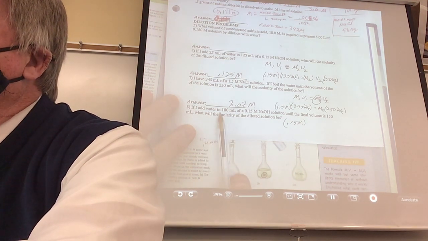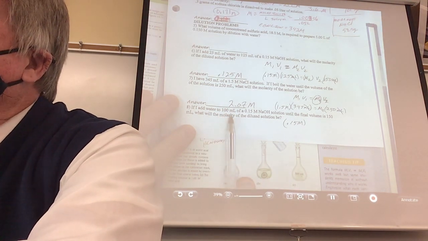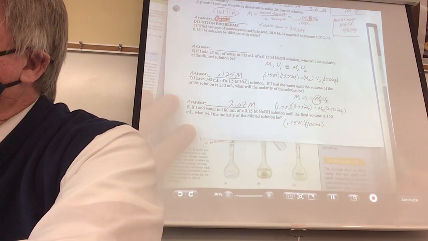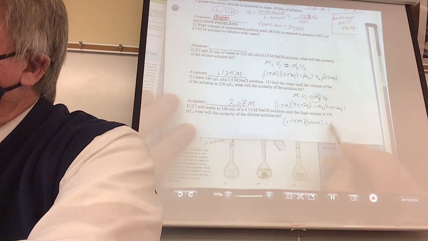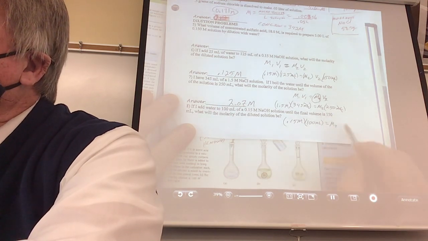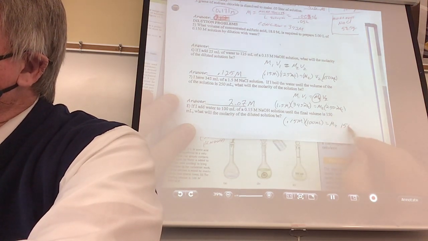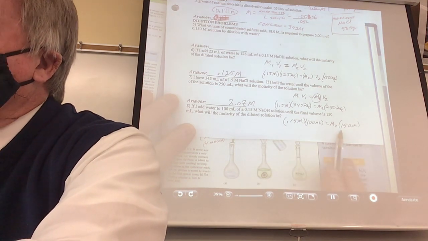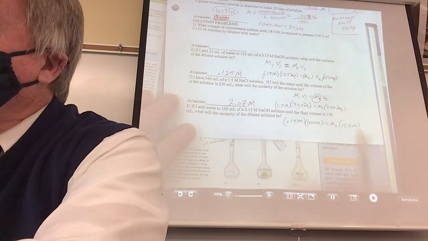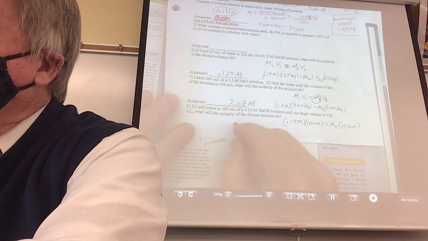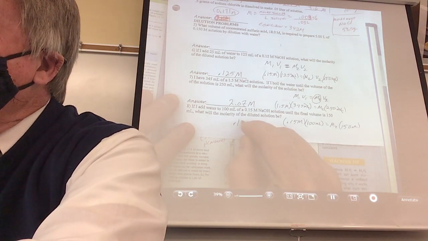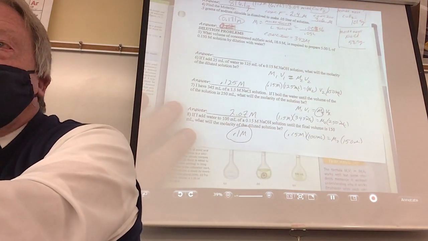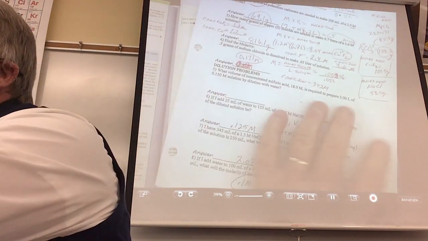I add water to 100 milliliters, I'm sorry, my fault. 100 milliliters is the original volume, and then what's the final volume? 150. So it should be this times that, divided by that. Max, what did you get for that one? 0.1 molar. Is everybody getting that? 0.1 molar. Pretty easy.